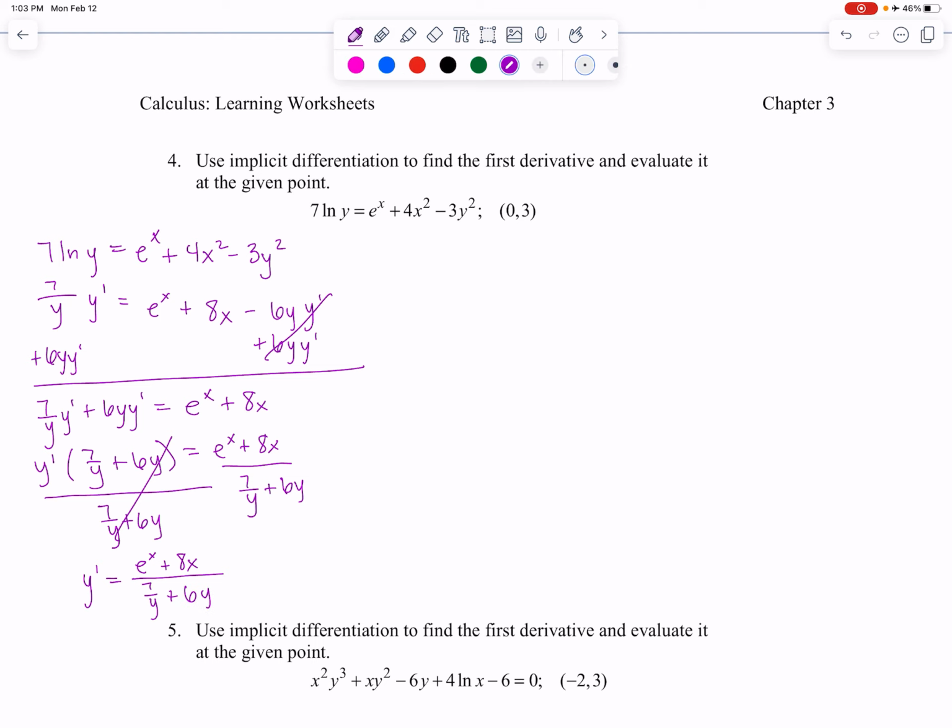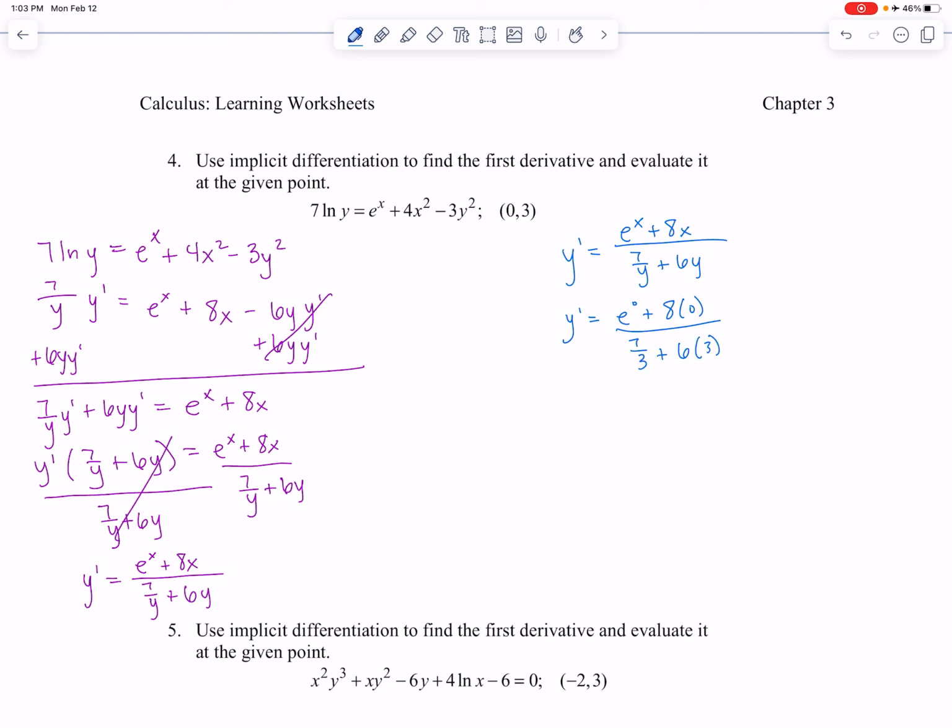The point that we want to look at is 0, 3. So x is 0, y is 3, we've got e to the 0 is 1, 8 times 0 is 0, over 7 over 3 plus 6 times 3 is 18.